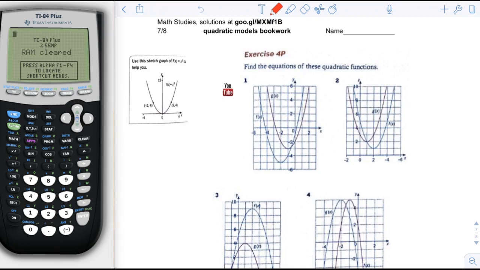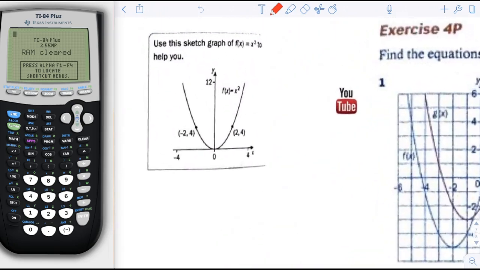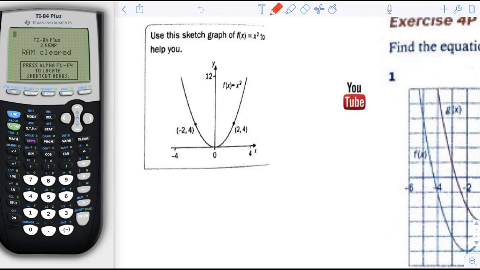Let's see, find the equations of these quadratic functions. One helpful thing that they show us here is what a parent function looks like for a quadratic. If you remember, the vertex is at (0, 0). The first point 1 unit to the right is at (1, 1), and the first point to the left is at (-1, 1).